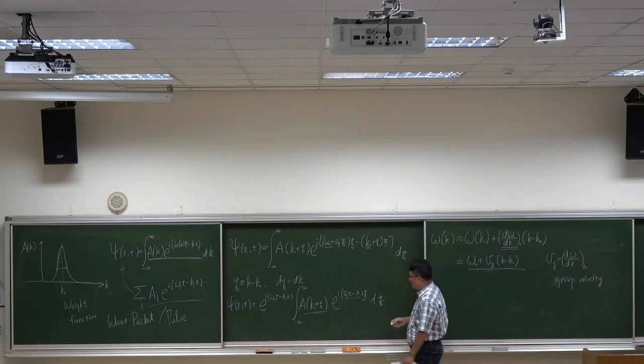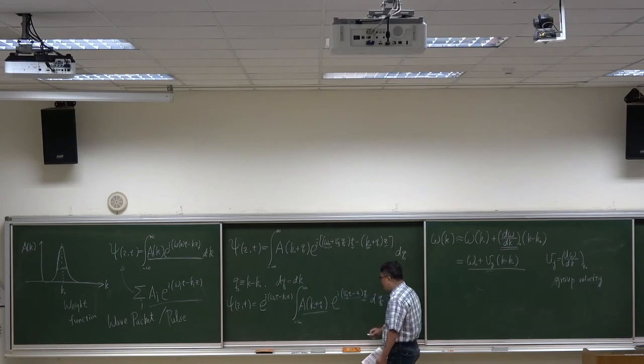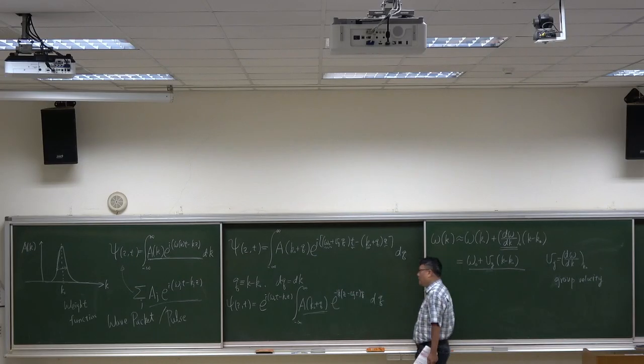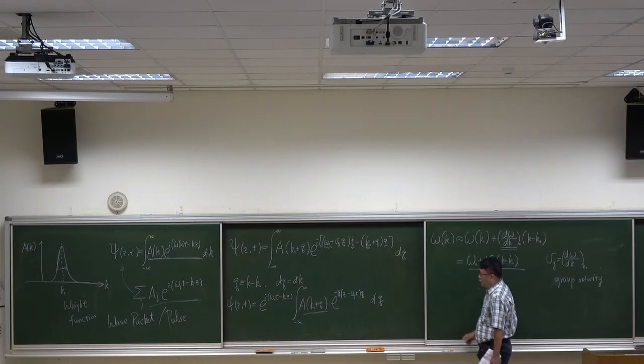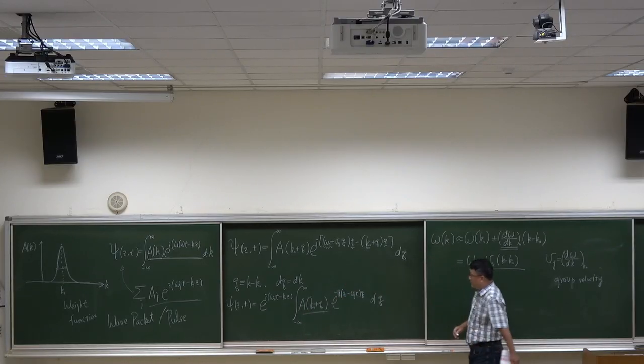In fact, I can put a minus sign here and write this as z minus d_g t, times q. The integration is over the range from minus infinity to positive infinity.